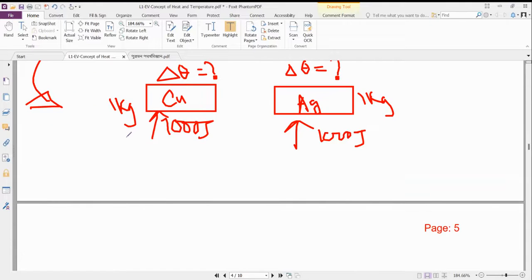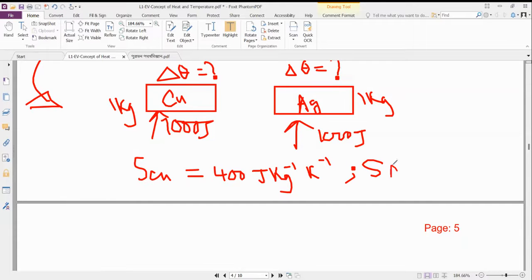To answer these questions, we have to know the specific heat. And already I told that specific heat of copper is 400 joule per kg per Kelvin and the specific heat of silver is 230 joule per kg per Kelvin.